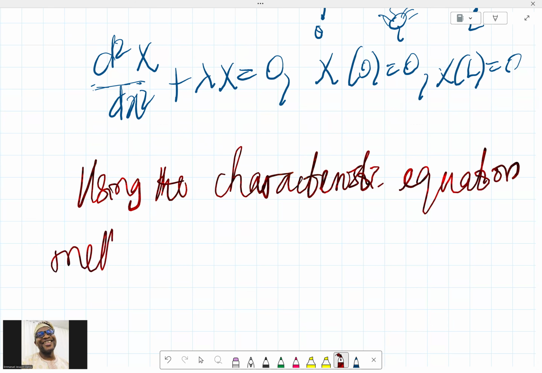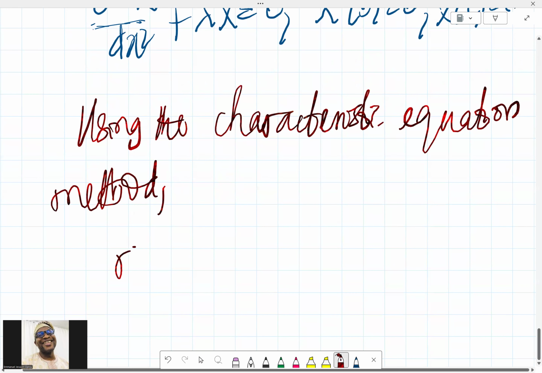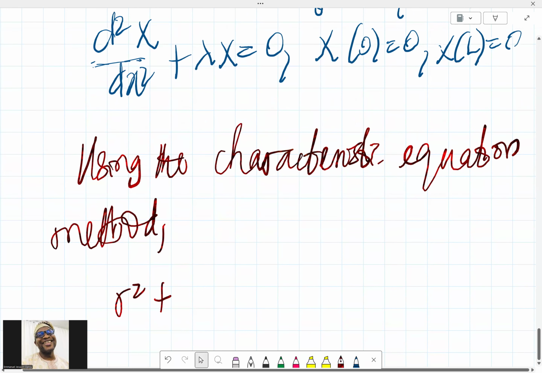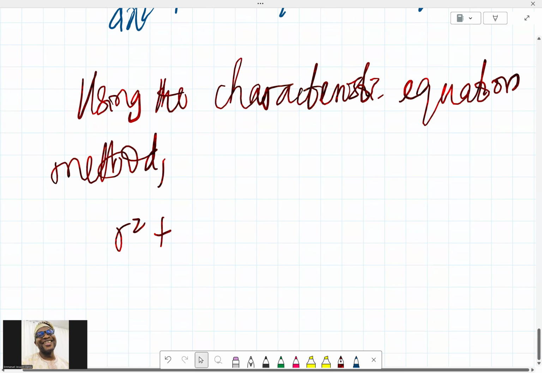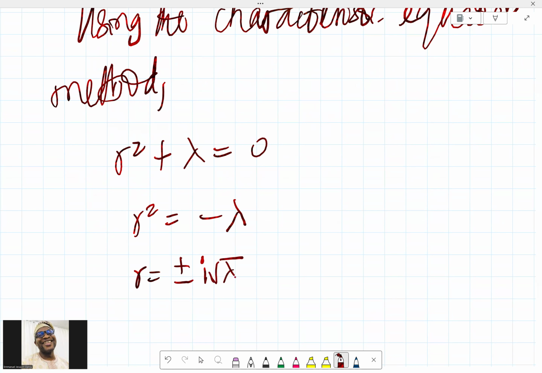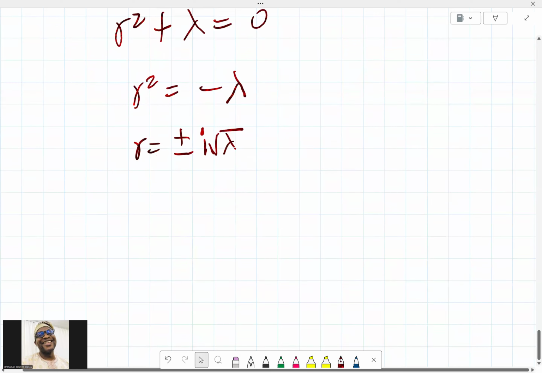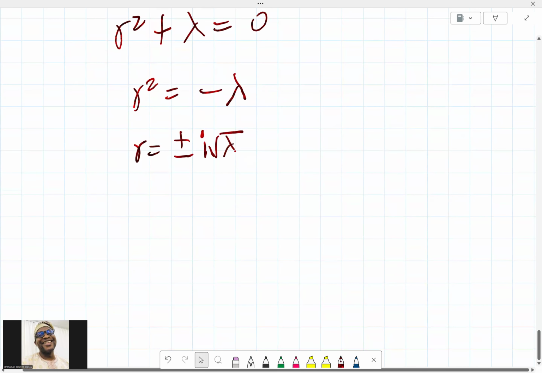You remember that for d squared X/dx squared plus lambda X, we just get r squared plus lambda, and that is equal to 0. So that means that r squared is equal to minus lambda. So that means that r is plus or minus i root lambda, basically, because that's going to be complex because of the negative sign.